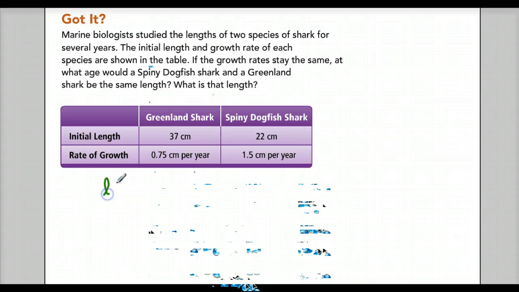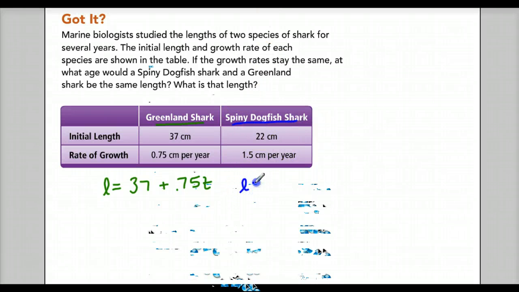It was the length, so the total length equals 37 plus 0.75t. Now this just means 37 centimeters, and then each year they're growing 0.75 centimeters. And this is for the Greenland shark. We'll do that one in green for Greenland. Now for the spiny dogfish shark, I'll do in blue.